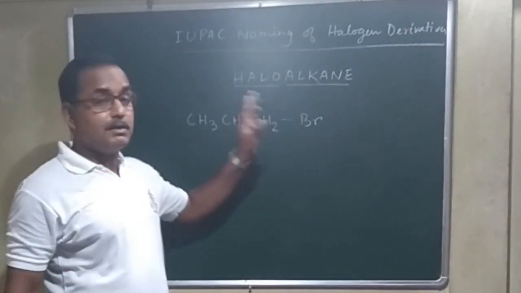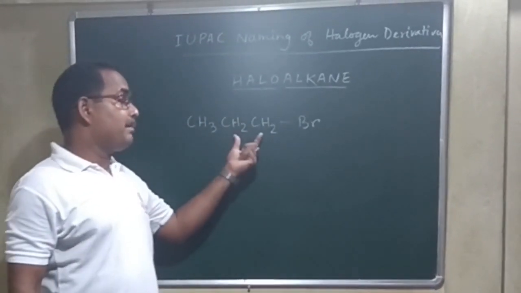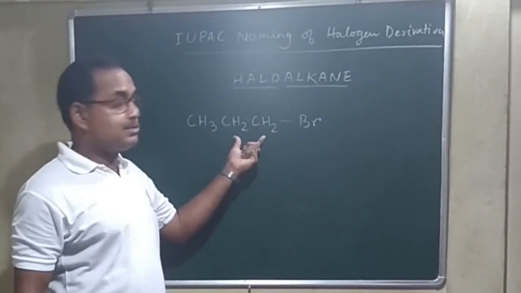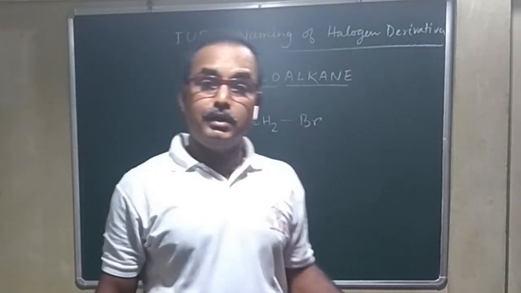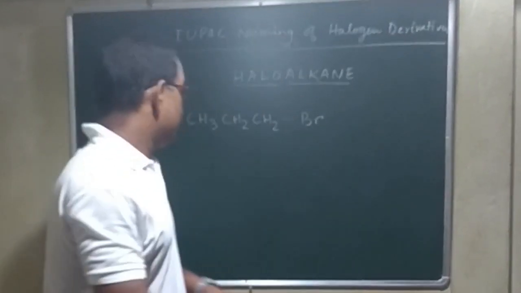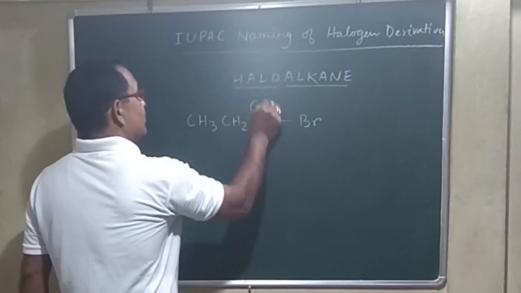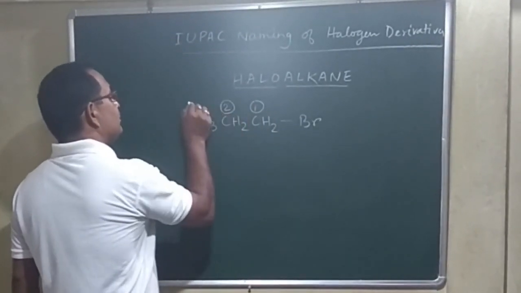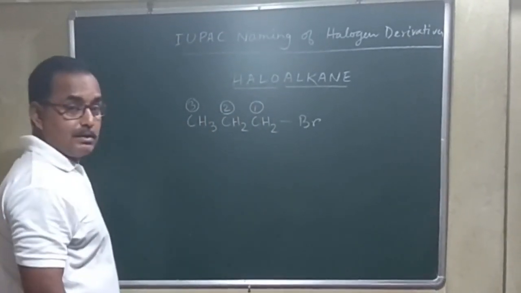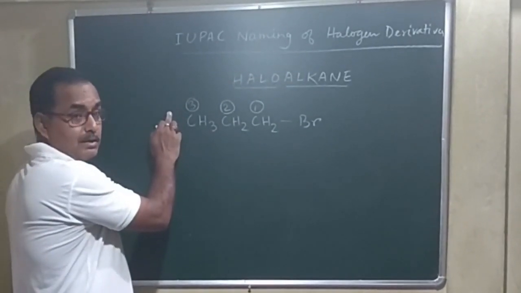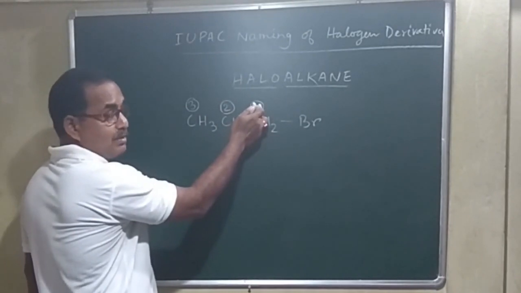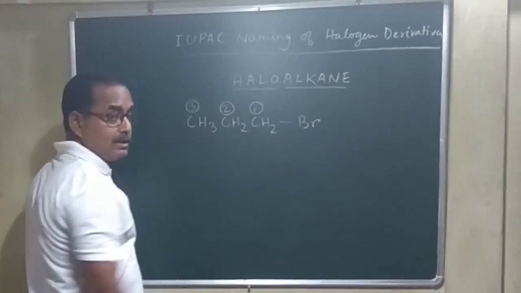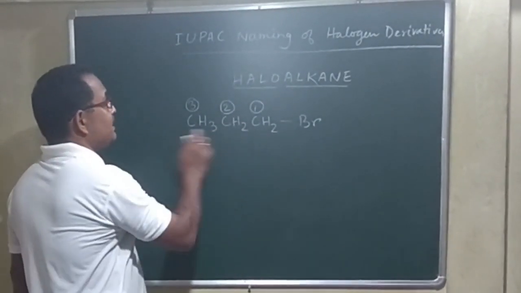If there is a functional group in a compound, we have to number the chain so as to have the smallest number at the carbon containing the functional group. So this will be carbon number 1, this will be carbon number 2, this will be carbon number 3. We cannot number from this end. Why? Because we have to have the lowest possible number at the carbon containing the functional group. So basically this is propane.